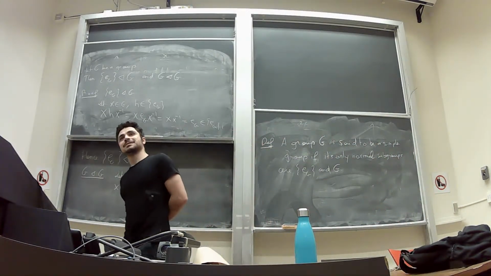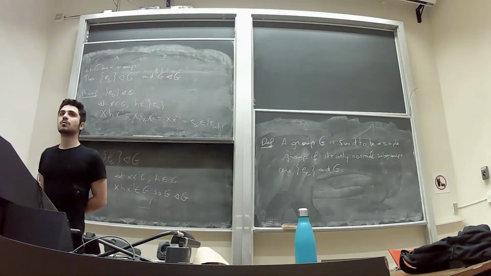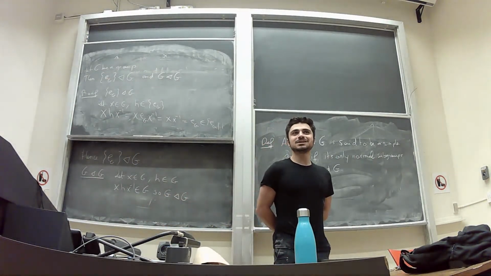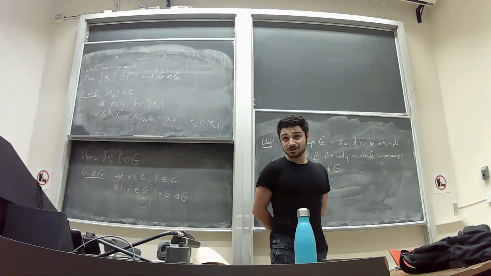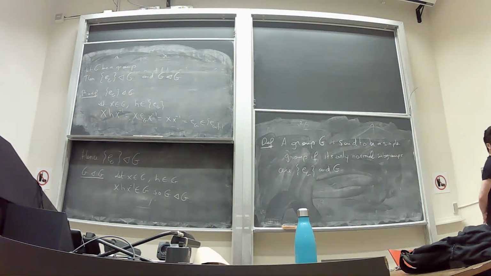Other than that, what groups have we seen? What is the topic we have seen before? Cyclic groups. Now in cyclic groups, what do I know? I know that cyclic groups are abelian, right?